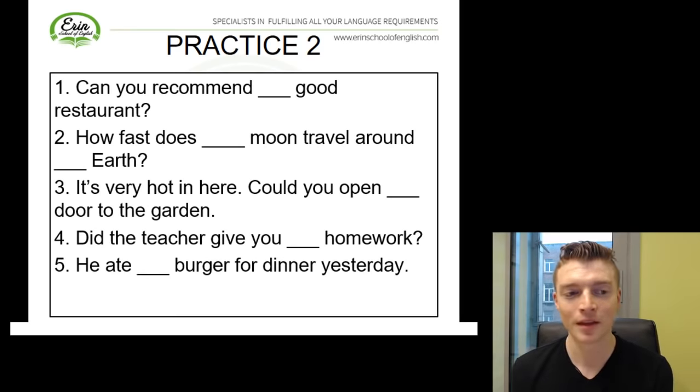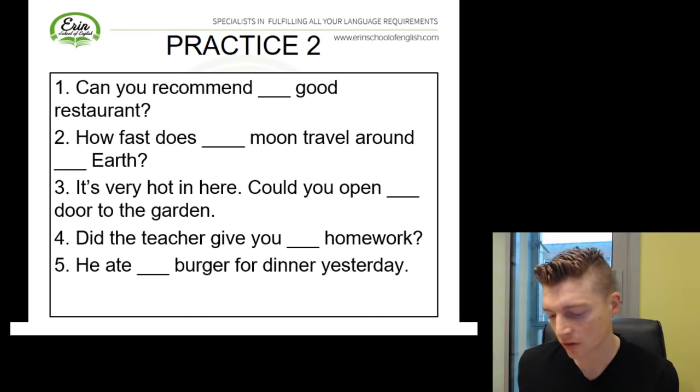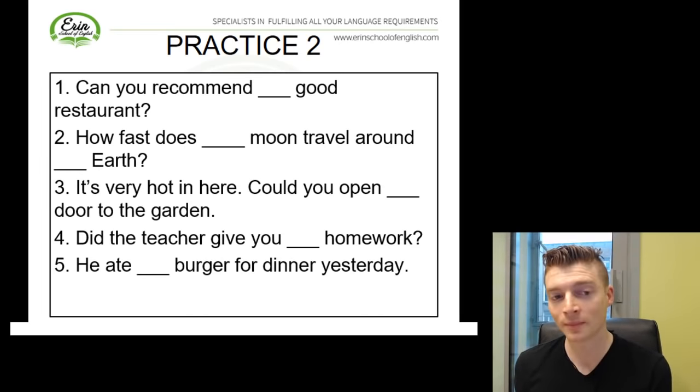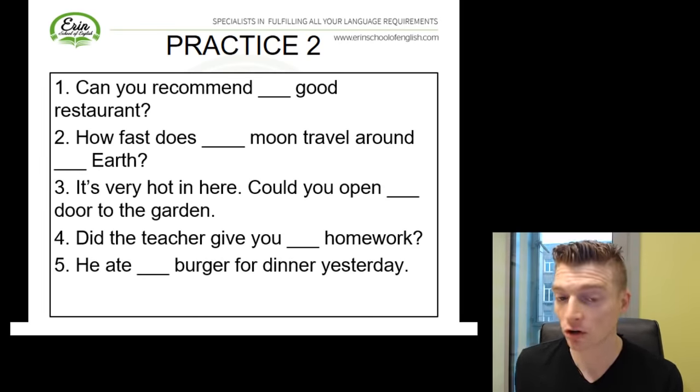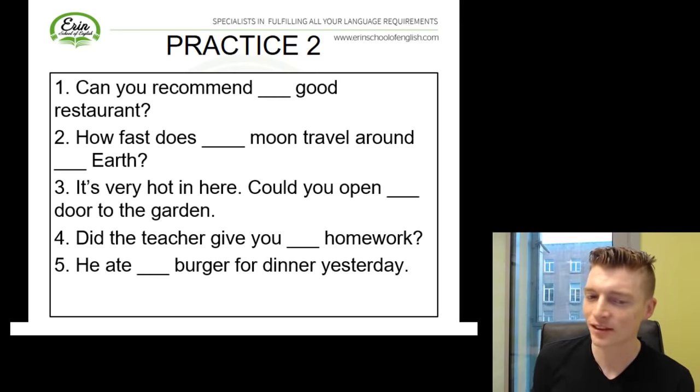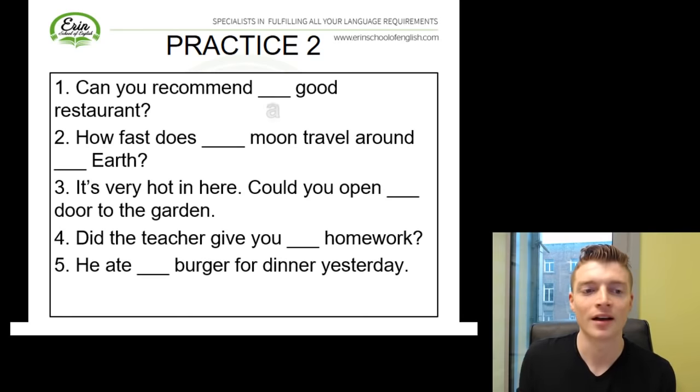Number 1, can you recommend a good restaurant? Restaurant, singular, common noun. We need an article. It's the first time we've mentioned it. We're not speaking specifically, so a good restaurant, very good.